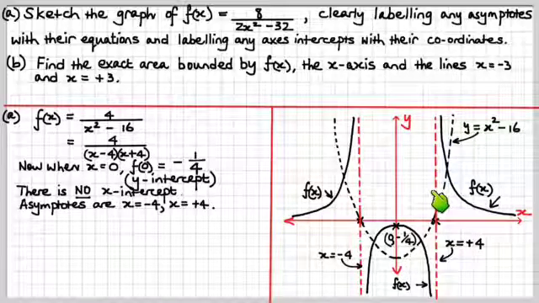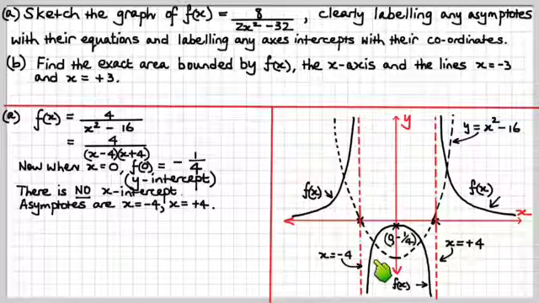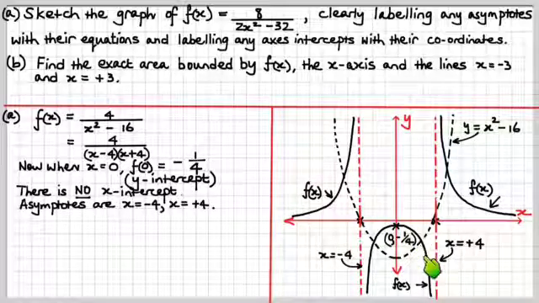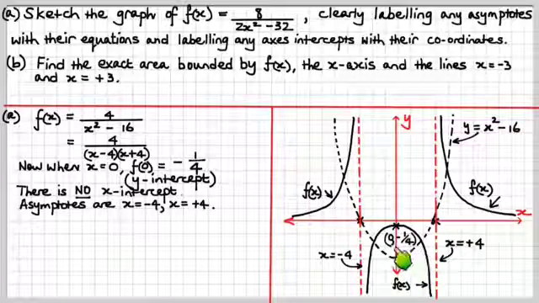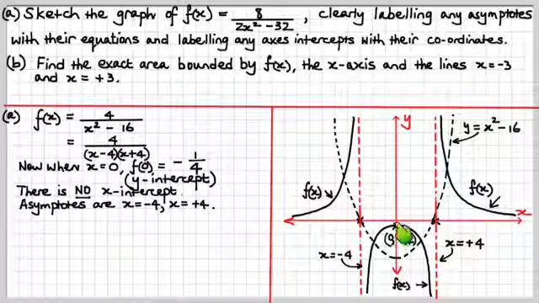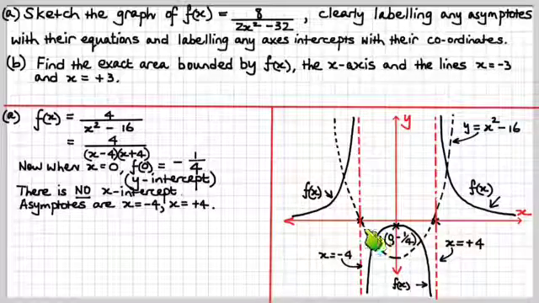It's undefined here at the vertical asymptotes, and over here it zooms in to a y-intercept of minus a quarter and then zooms back down again here. And as the denominator gets larger and negative, the reciprocal gets smaller and negative. As the denominator approaches 0 from below, the reciprocal gets larger and negative, approaching negative infinity. It all makes sense, doesn't it?